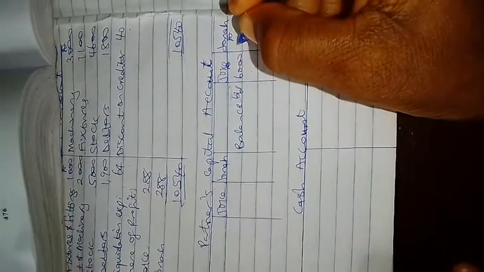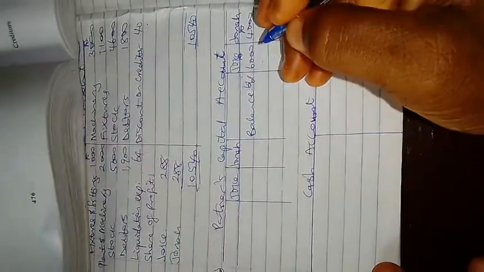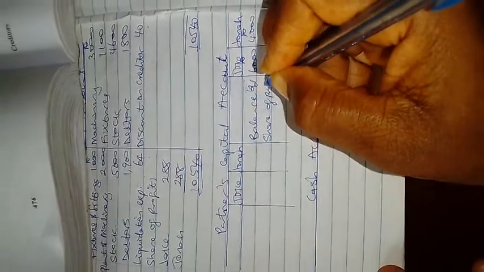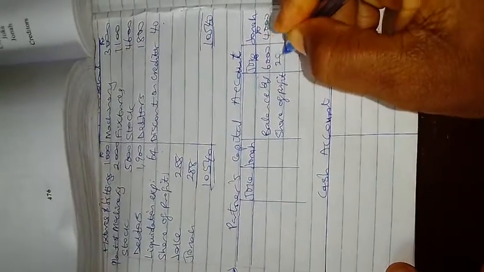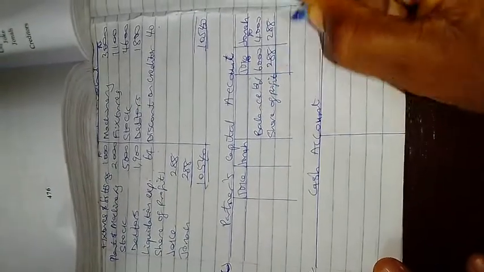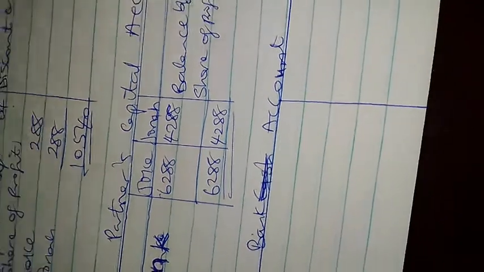Then for Johan, we have 4,000 naira. Now, we put in our share of profits, 288 naira for each of them. Now balance the two sides. The addition of the two sides will give us 6,288.